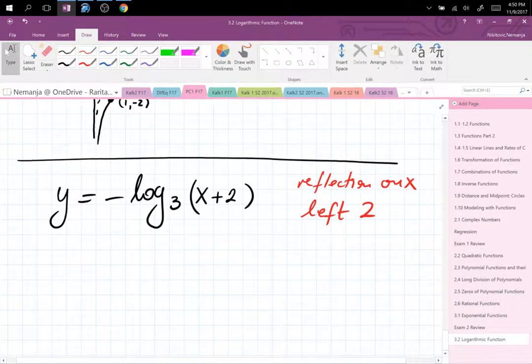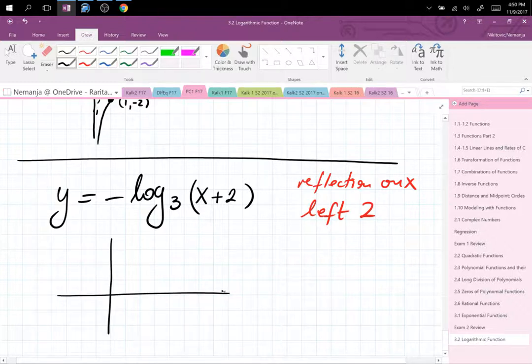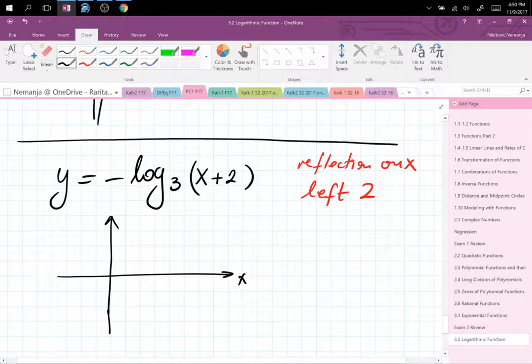So now, to graph this, and I told you guys, reflections first, every time, reflections first. So we start with our basic default state that goes through 1. Reflect on the x-axis. I'll do the next stage maybe in red.